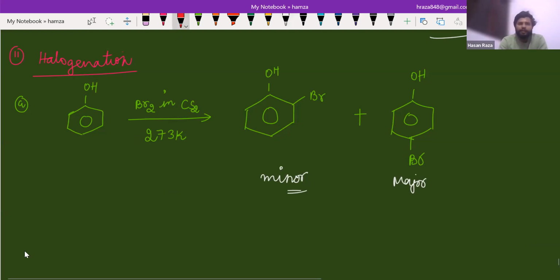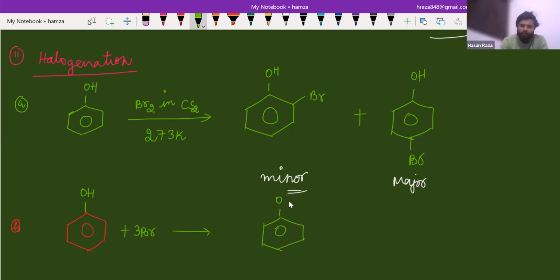Another reaction of this is very important. If you are going to react this phenol with bromine water, which is reacting with 3Br2, then we will get 2,4,6 tribromophenol.